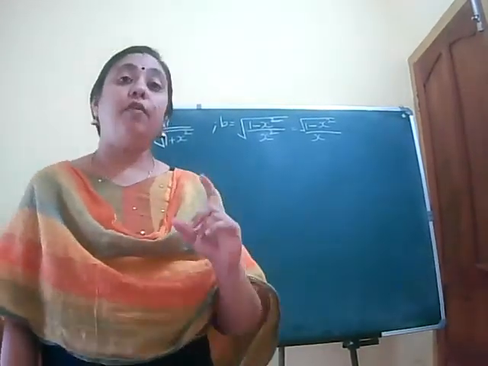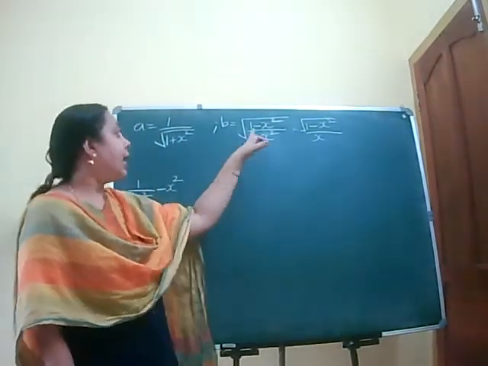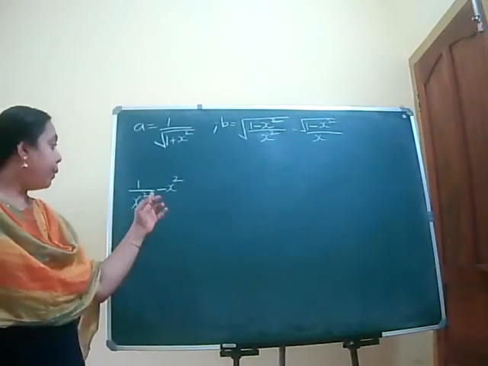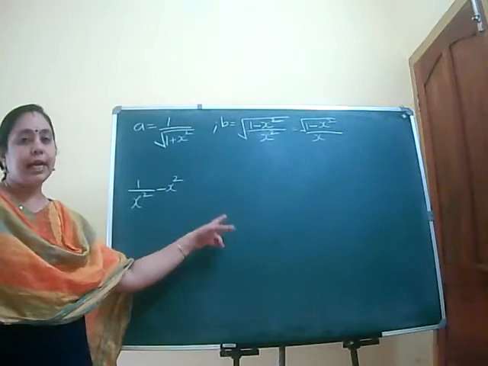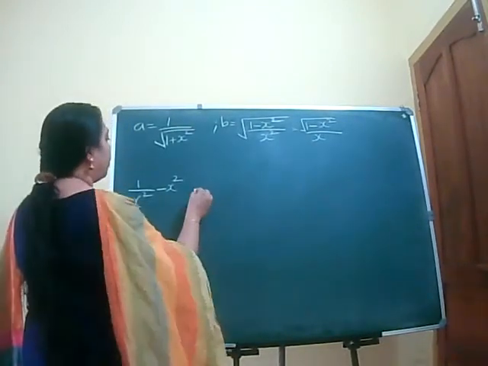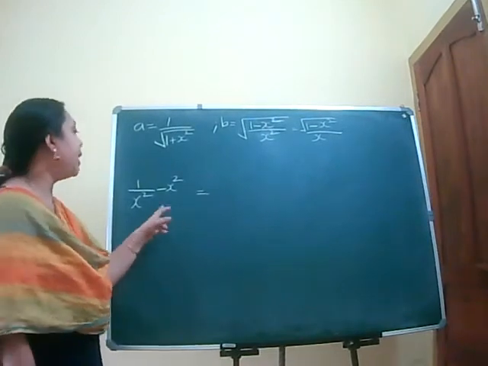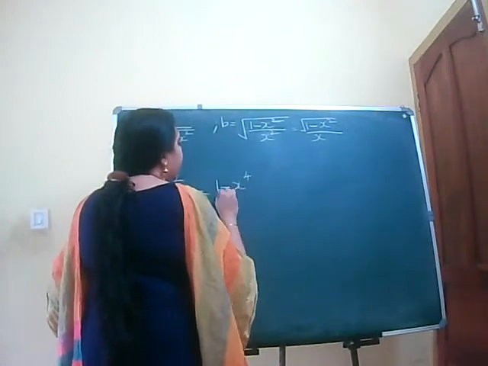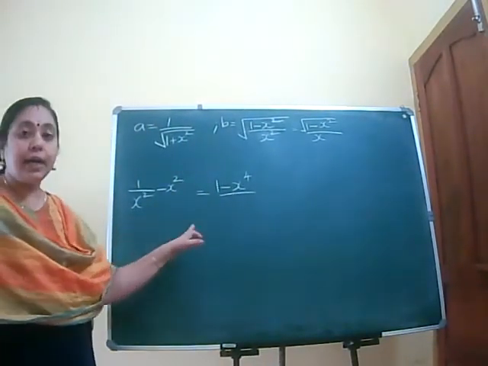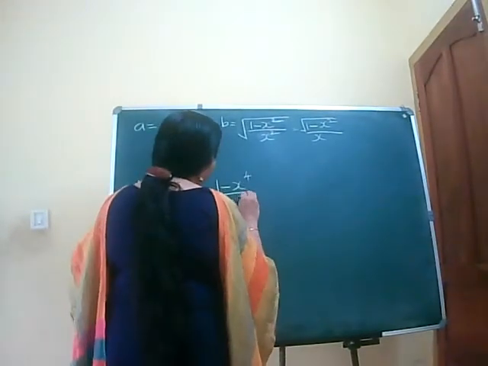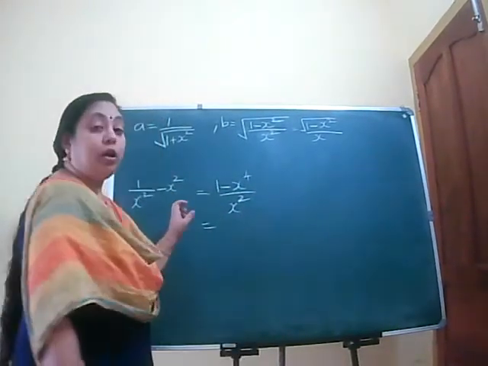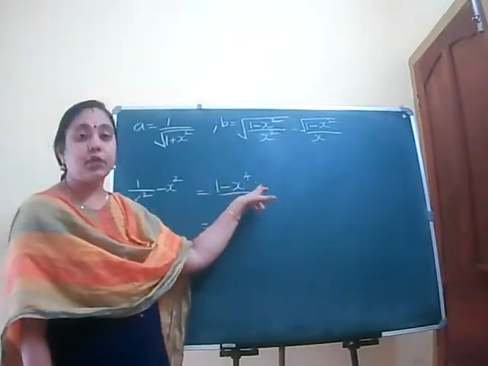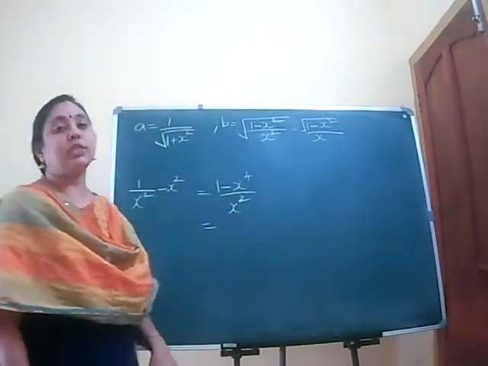So we obtained values for A and B. Now consider our required expression 1 by x square minus x square, which can be written, by taking LCM, as 1 minus x raised to 4 divided by x square.